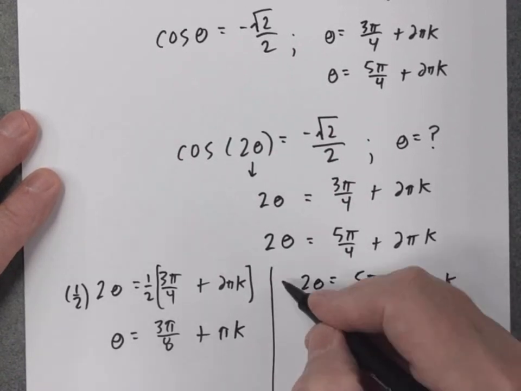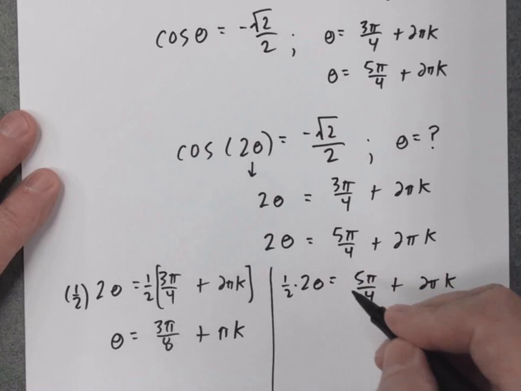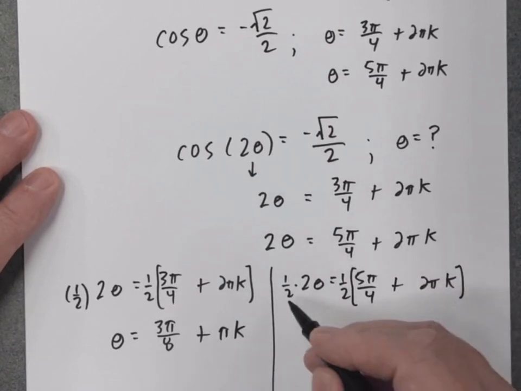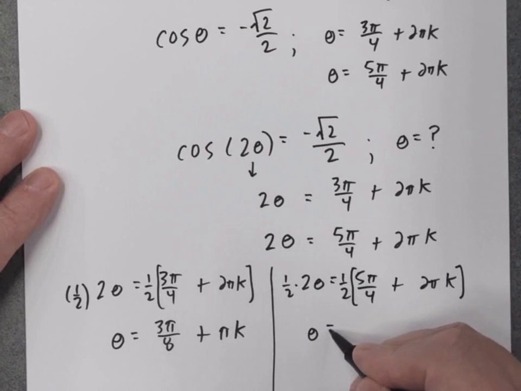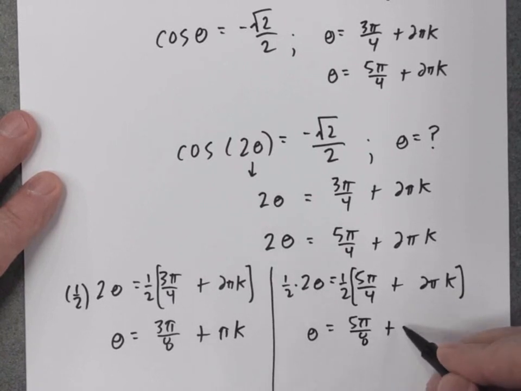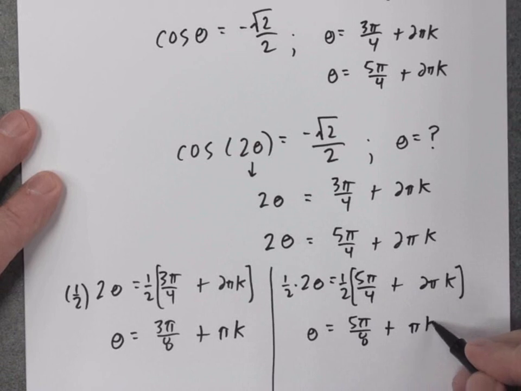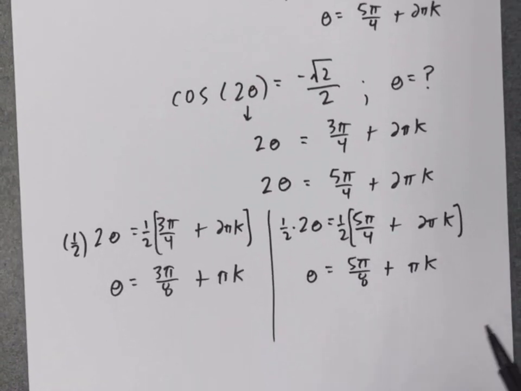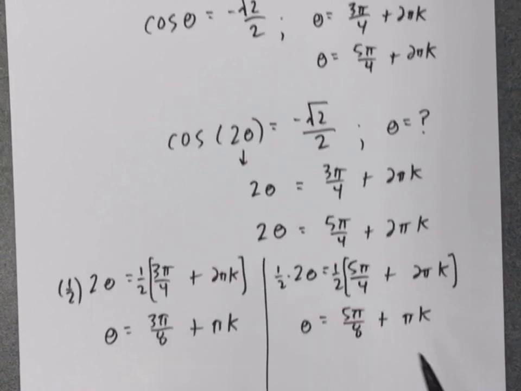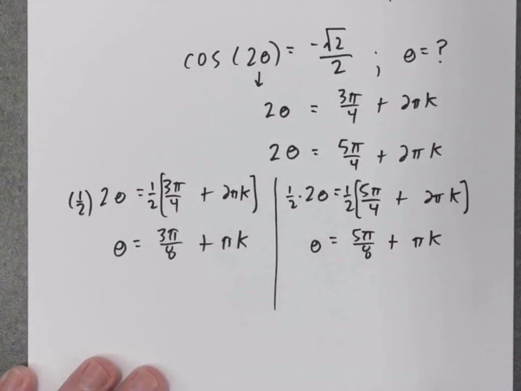If I want theta by itself, I'm going to do the same thing, multiply both sides by 1/2. So over here I get theta equals 1/2 times 5 pi over 4 is 5 pi over 8. 1/2 times 2 pi k is just pi k. So now these are my two general solutions for this.